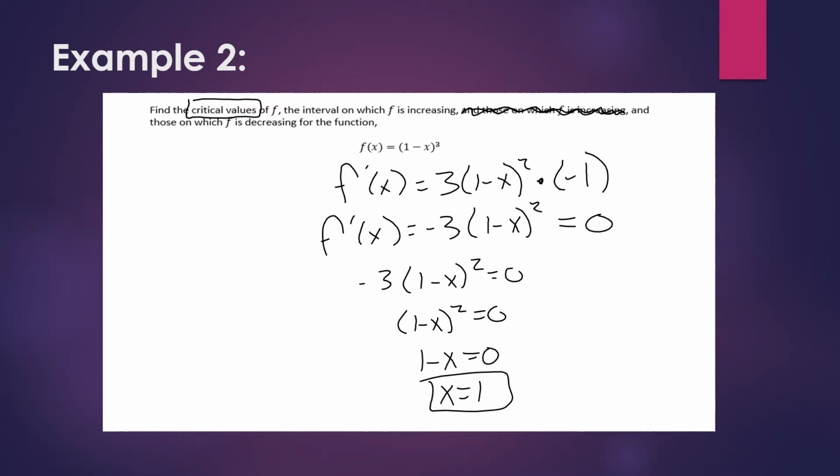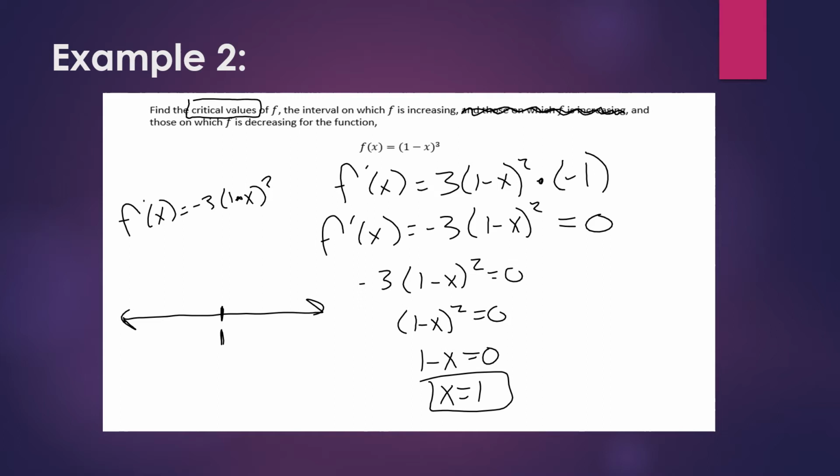So let's make a number line. My critical point is when the derivative is 0, so that's x equals 1. And I believe that is the only value that would make this derivative 0. So remember the derivative, f prime of x, is negative 3 times 1 minus x squared. So let's do a couple checks. I need something less than 1.